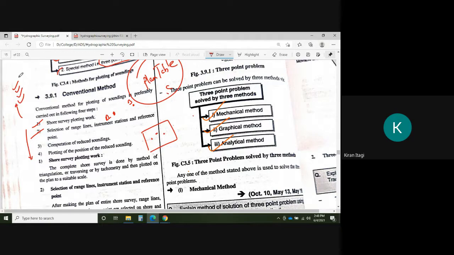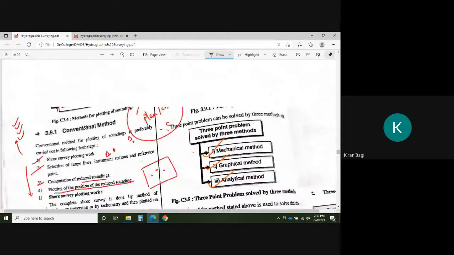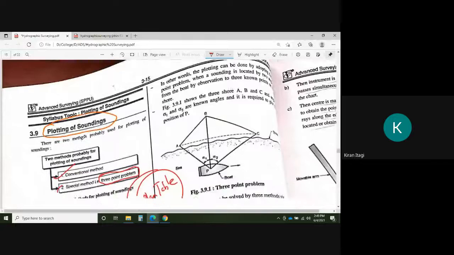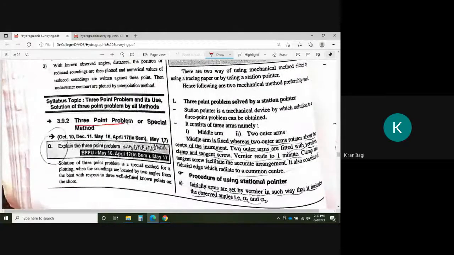That method only we are plotting on the paper. Next, computing of the reduced sounding. Then, plotting of the position of the reduced sounding.